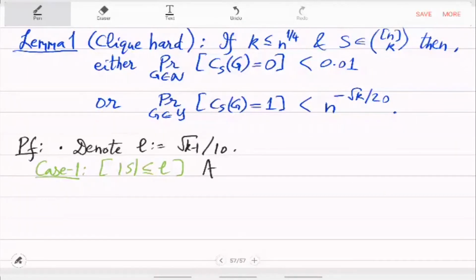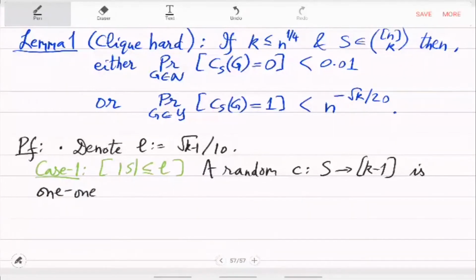What happens when the indicator is small is that a random coloring C from S to k minus 1 labels, when you label this set S using 1 to k minus 1, will be one to one with high probability. What is the probability?